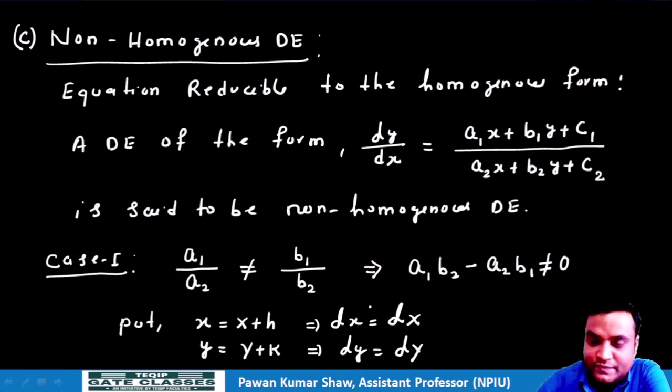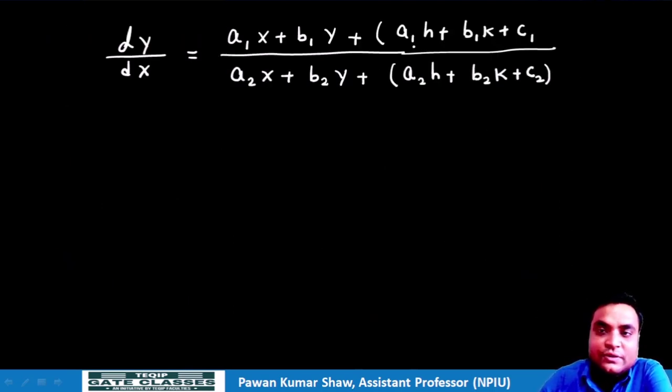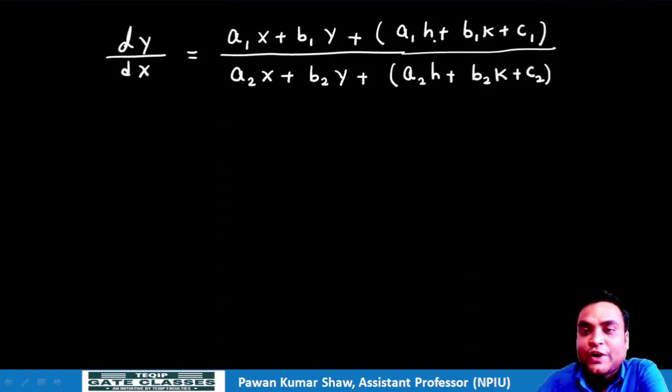Yeah, fine. So now we want to convert the problem into homogeneous form. So we will assume that a1h plus b1k plus c1 equal to 0 and a2h plus b2k plus c2 equal to 0, to make this equation homogeneous.